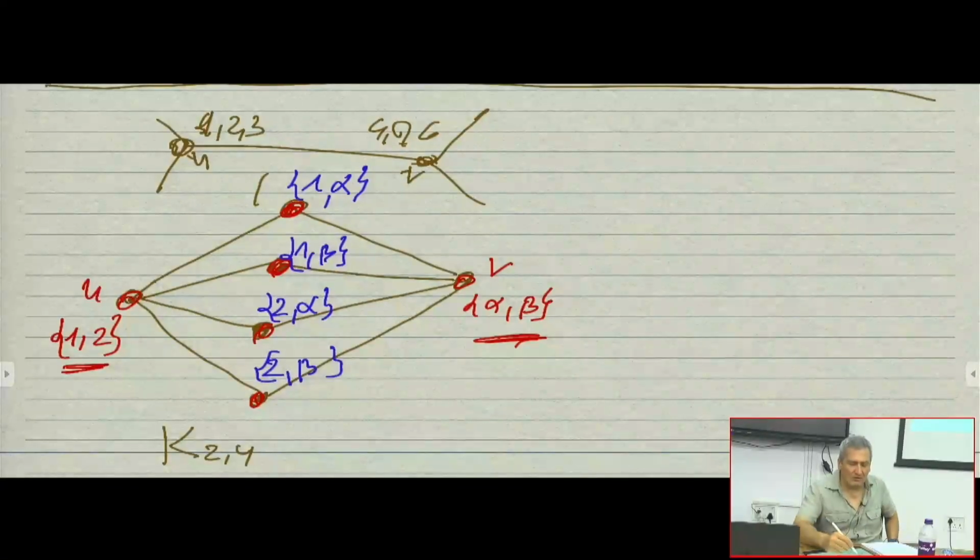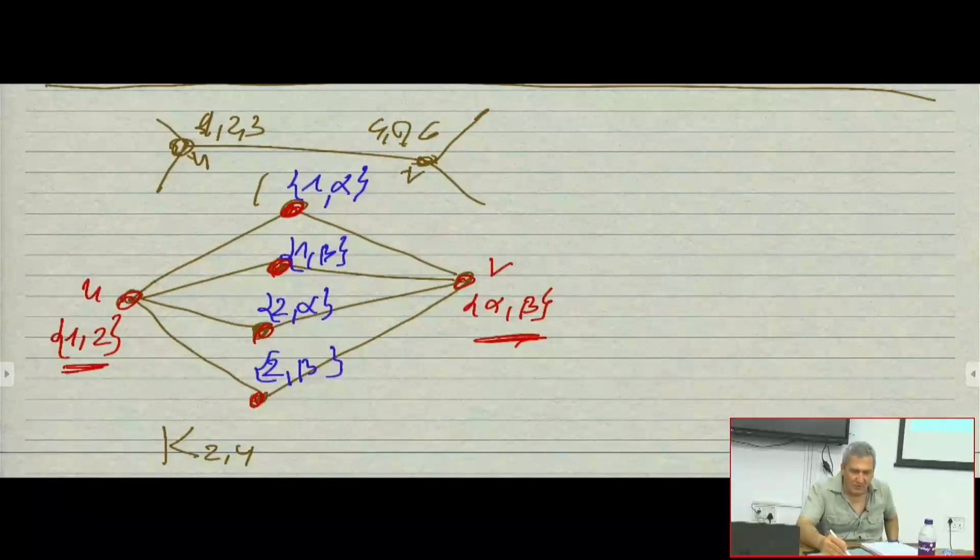And now I have a list assignment. To every vertex I assign 2 colors. Let this be L. Is this graph list colorable from the lists given here? Why not?